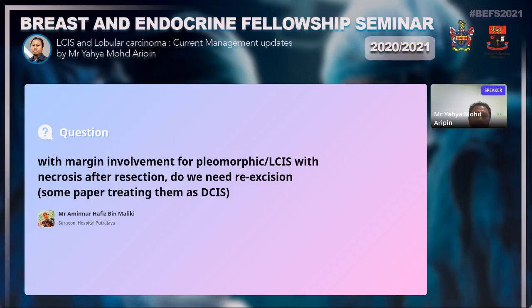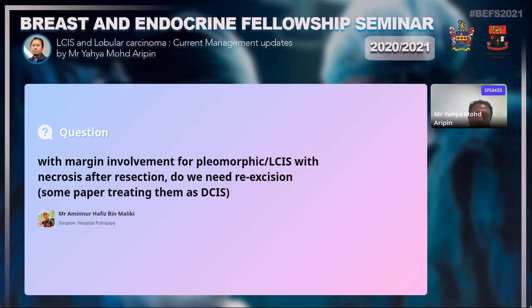Oh yes, if it is pleomorphic, I understand the question now. Yes, you need to re-excise. You see, you come to the diagnosis in two ways: one, by true cut biopsy, and two, by excision biopsy with the margin involved.